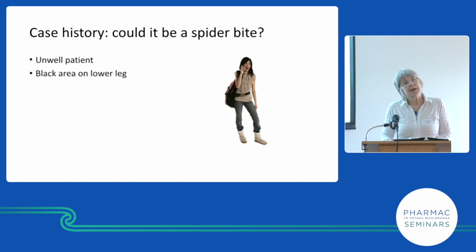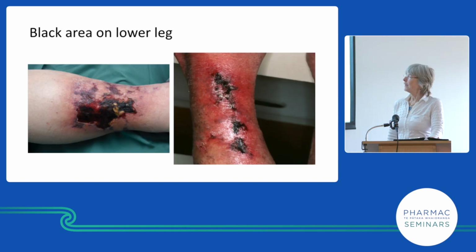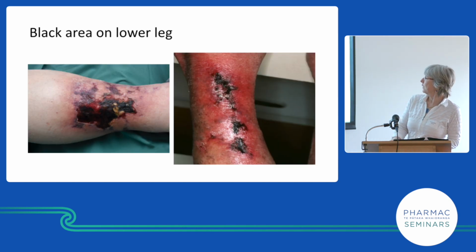So ACC has hundreds of claims each year for spider bites. And yet, the entomologists tell us that's not possible. The New Zealand spiders, if they bit you, would not be resulting in an ACC claim because it's a minor problem. Black area on leg. Okay?